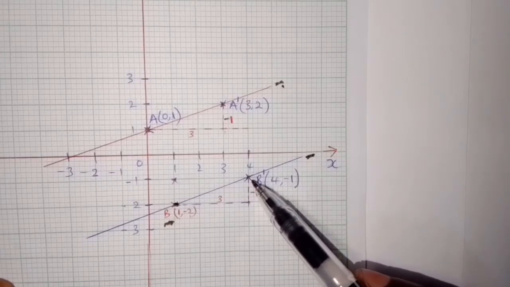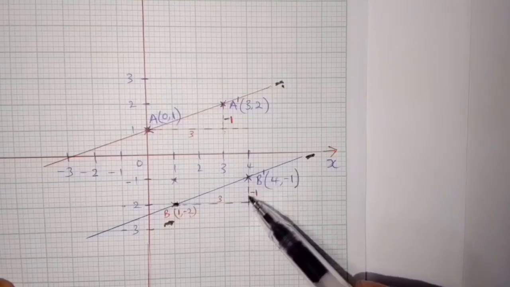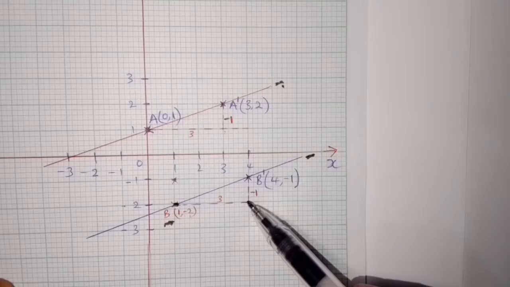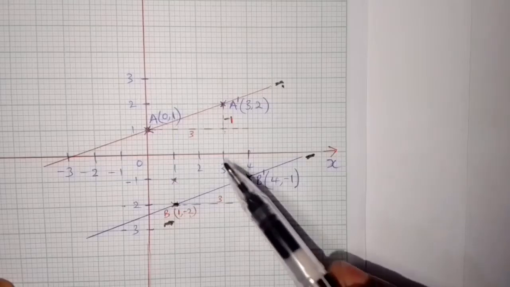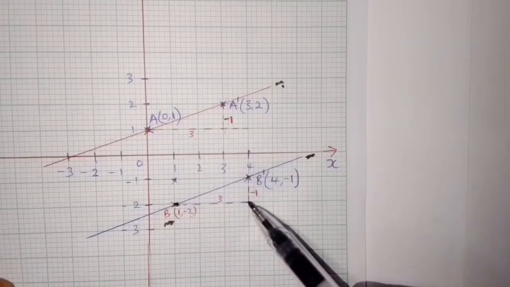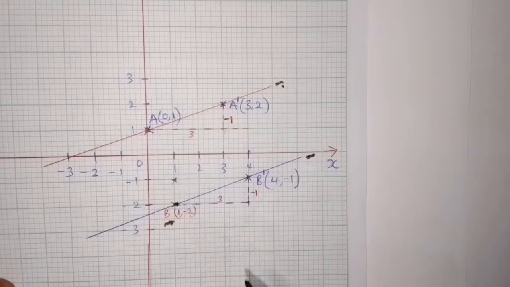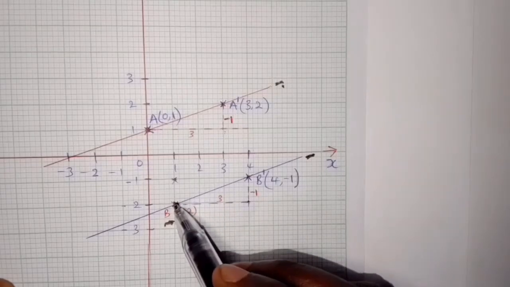So we move 1 point down, that is vertically, the y-axis. Then in the x-axis we move the same way we moved 3 points here. So it is 1, 2, 3, and it is going to give us this point here.